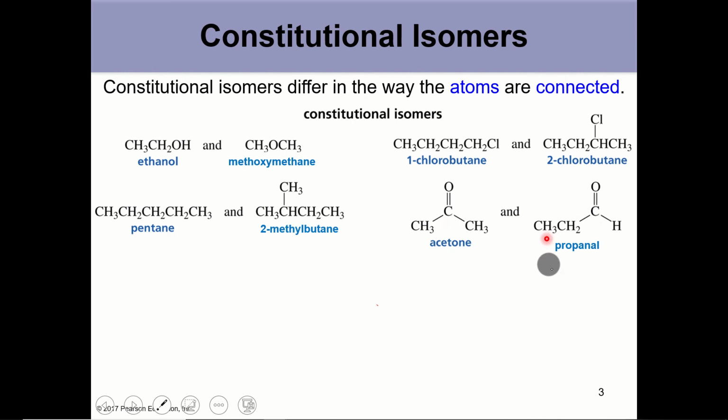While propanal is an aldehyde, and so the oxygen must be connected to a terminal carbon in the chain. So they are physically connected in a different way. That's the definition of a constitutional isomer. Same molecular formula, different connectivity.